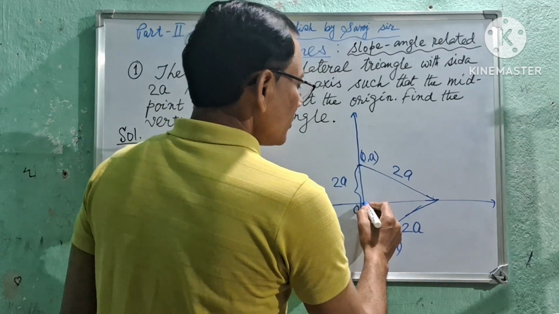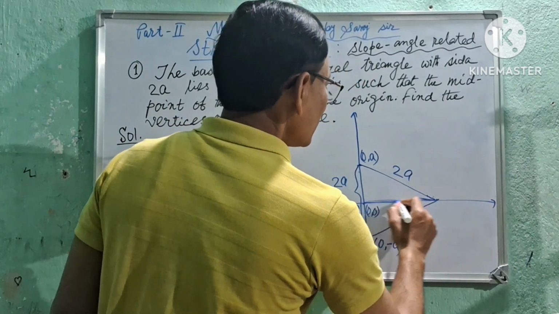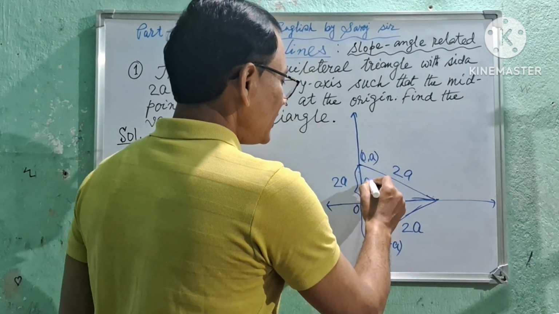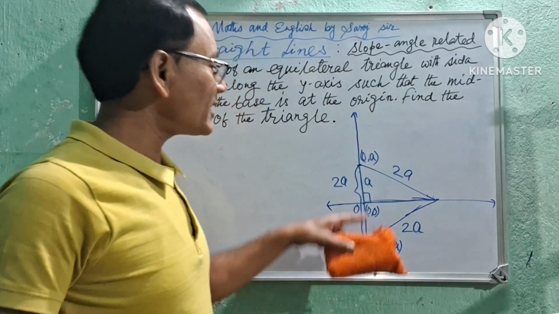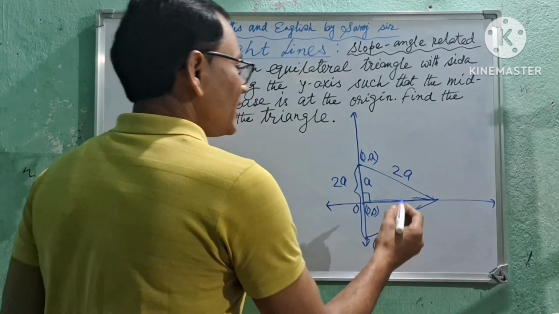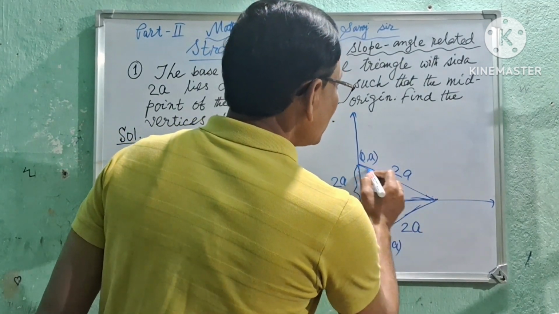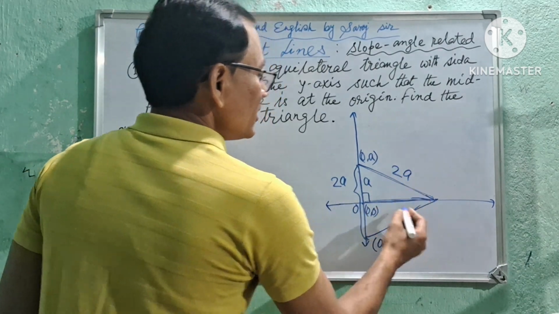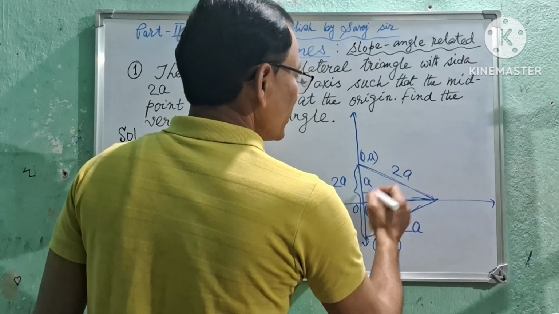Now we have to find the length of this segment. We have this as a, this is perpendicular, think of this as a right angle triangle. This will be the base, this is the perpendicular, and this will be the hypotenuse. The hypotenuse value is 2a, therefore we will find the perpendicular.